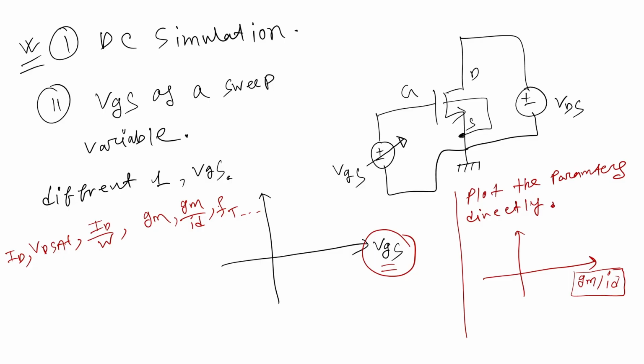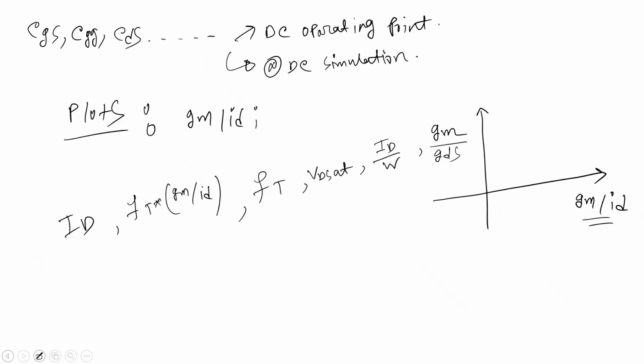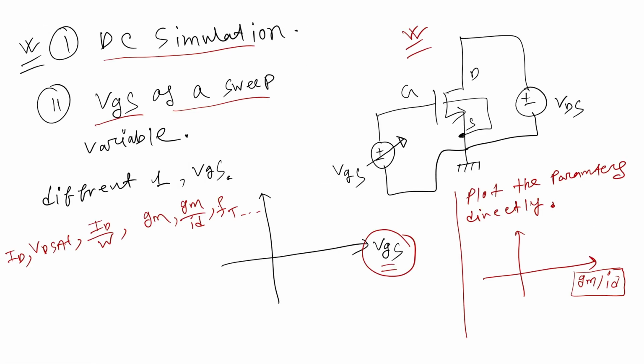The main thing is that we need to simulate this configuration in Cadence. Whenever we simulate this schematic, we will sweep the VGS and find our desired parameters. If we want to plot these parameters, they will be plotted with respect to VGS, so VGS will be on the x-axis.